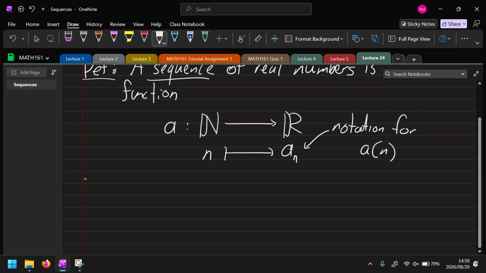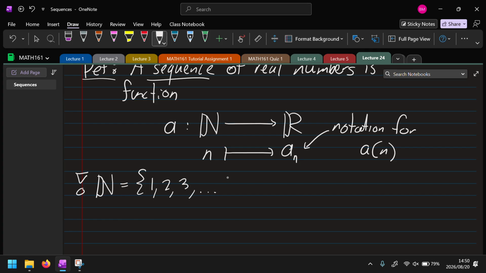Okay, and then an important note here. The set of natural numbers that we have there, n, we will take to be starting from 1. There's debates on whether natural numbers start from 0 or 1. We will start from 1, so that avoids any issues if we see 1 over n.